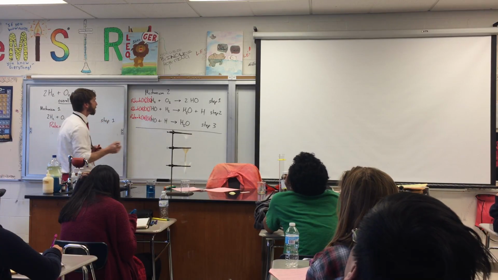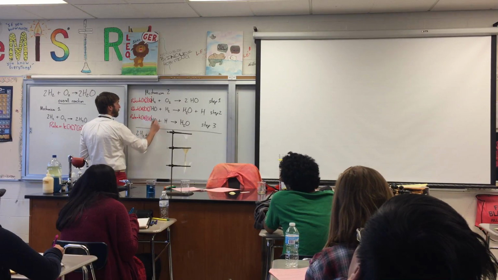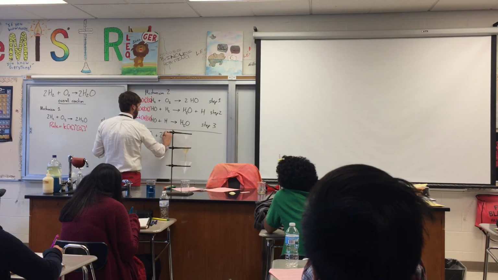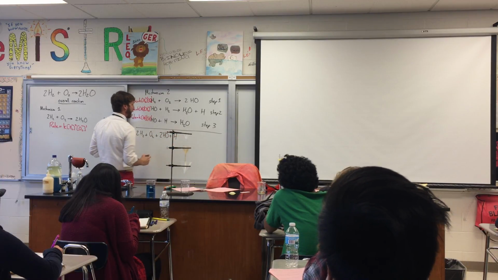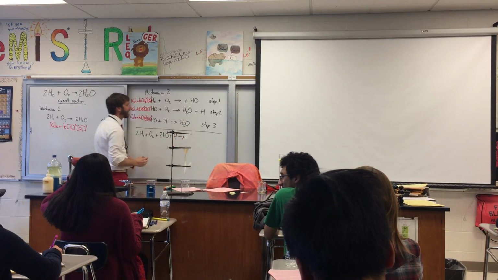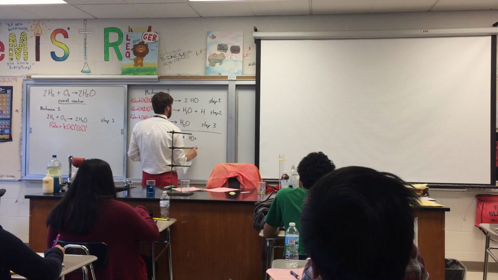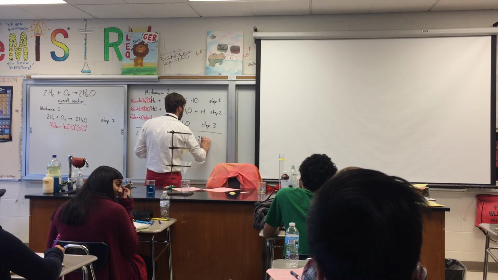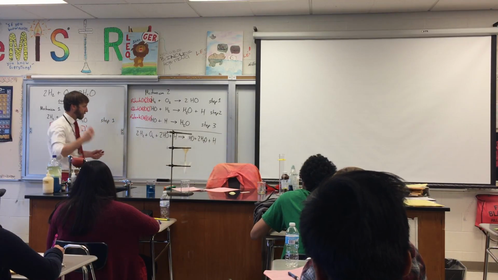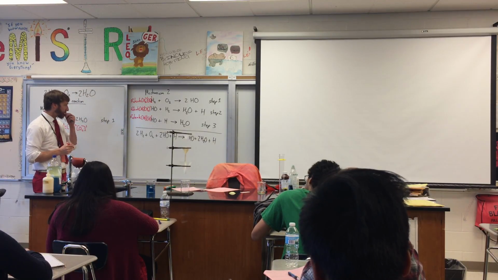If I add together everything that we have on the left side, I've got two H2s, I've got an O2, I've got two HO's, and an H. On the product side, still got my two HO's, I got two H2O's, and I have an H. So do we have anything that was present on the left and the right sides?